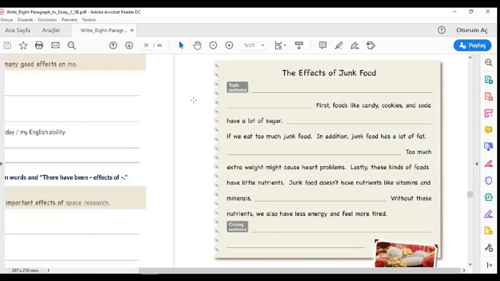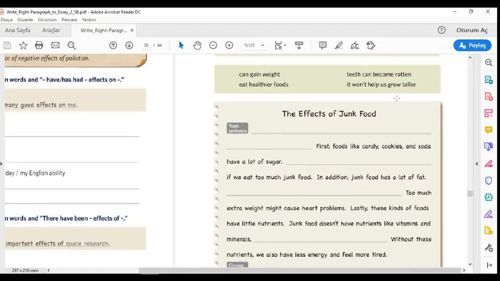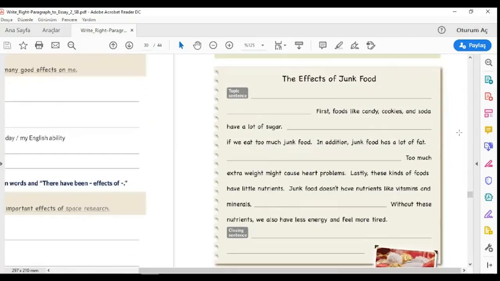Okay, so now that you have completed the topic sentence, you will use what you've taken down over here, complete the spaces, which are here, here, here, and here. I will give you 4 minutes to complete those 4 spaces.